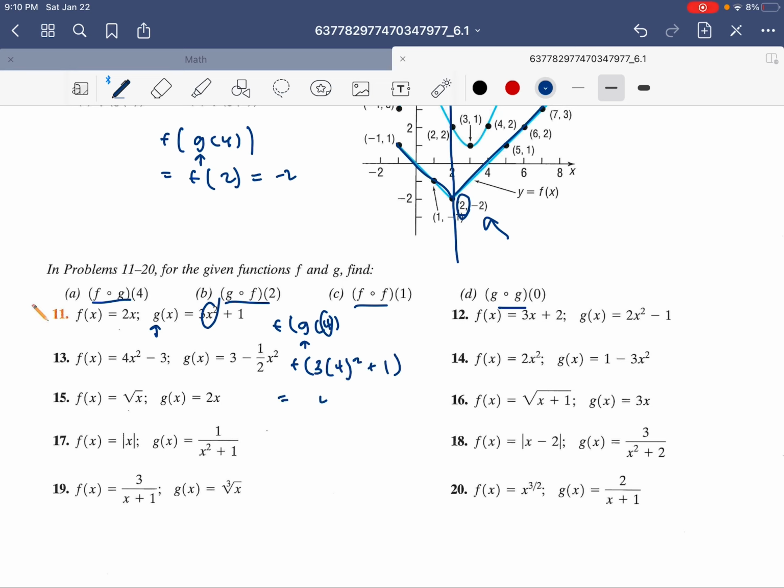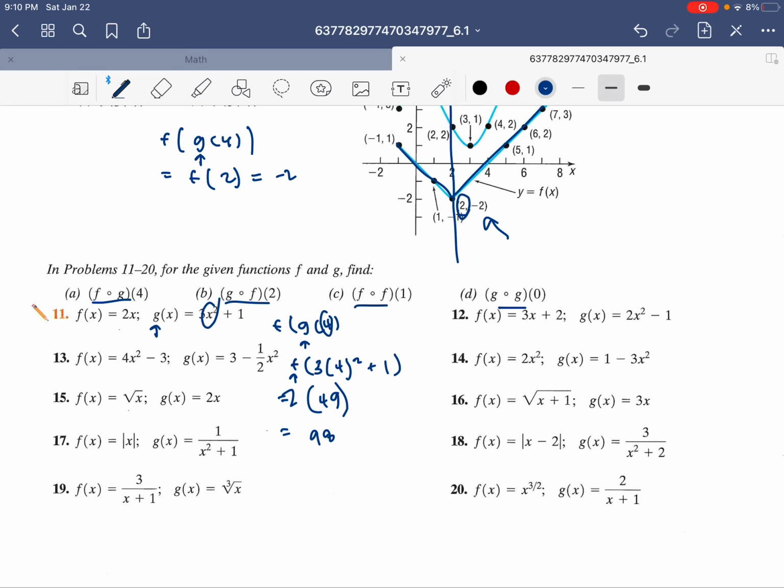That equals 49, right? So this is our new x. We're going to plug it back into here, because f is on the outside. And so our answer is 98.